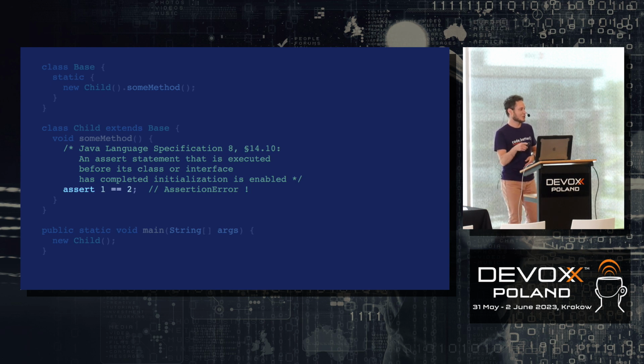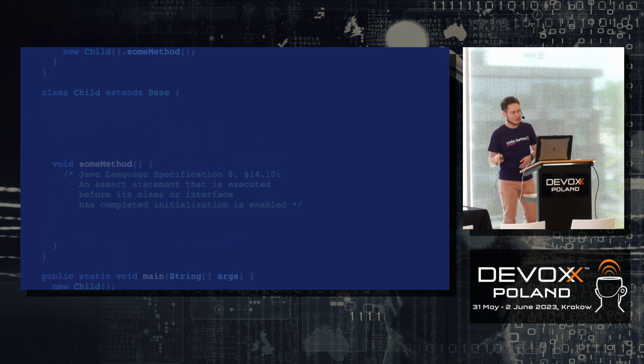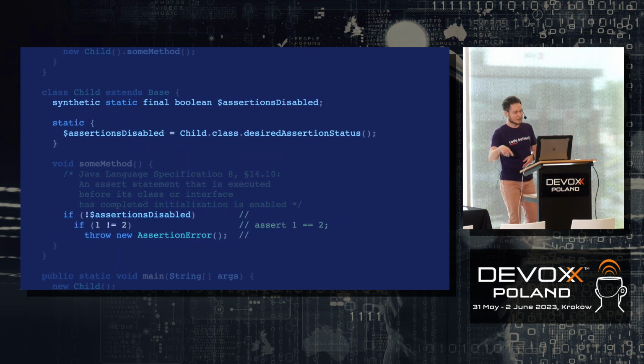It's against any logic. Well, this is an implementation detail of how assertions are implemented in the compiler. So if we look again into the bytecode, but we are not gonna do this, I'm gonna simplify the task. I'm gonna look into the bytecode and then provide you an equivalent Java code. Equivalent Java code looks like this.